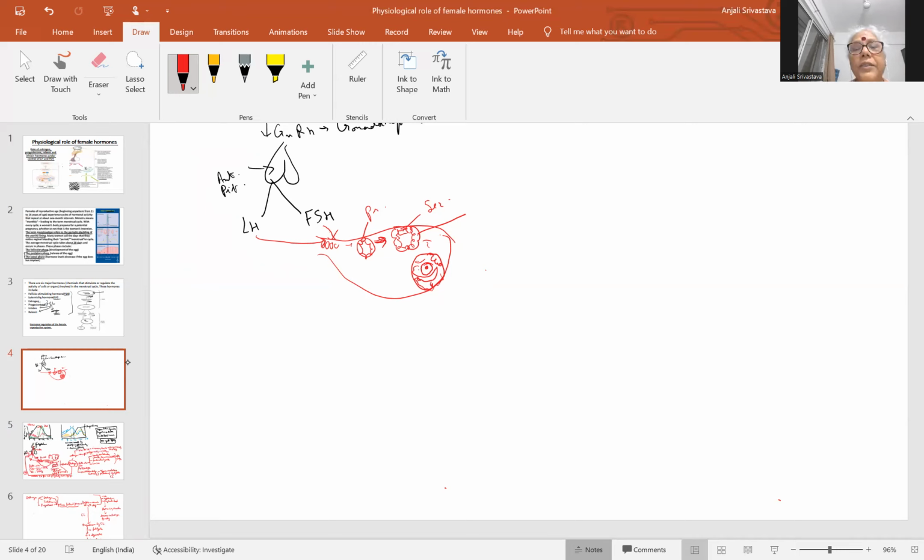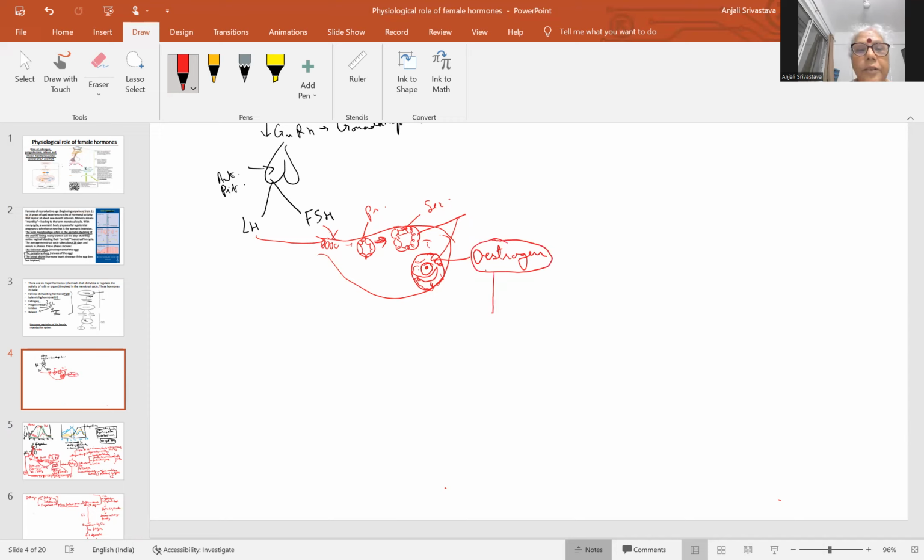Along with the histological structure, the secondary and tertiary follicles start secreting another hormone, that is estrogen. This estrogen is equivalent to androgen of the male reproductive hormone. This estrogen has a very important role.